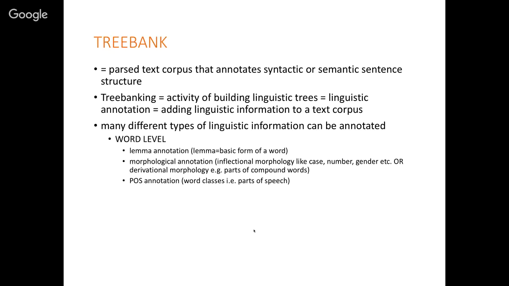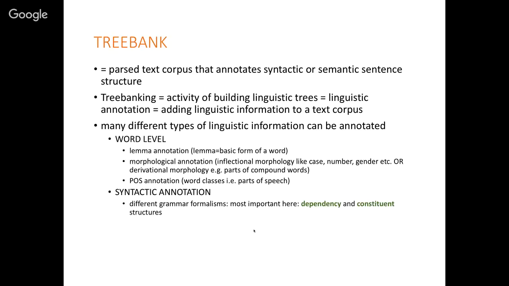So inflectional morphology, or also sometimes in other languages there may be derivational morphology annotated. And then also the part of speech annotation, so the word classes belong to this category.